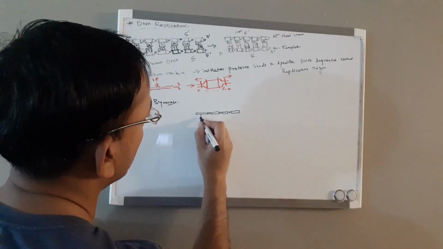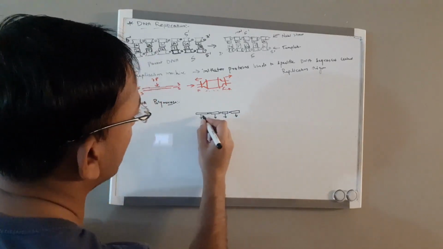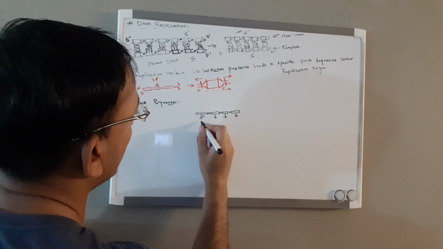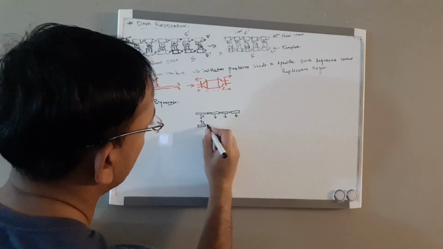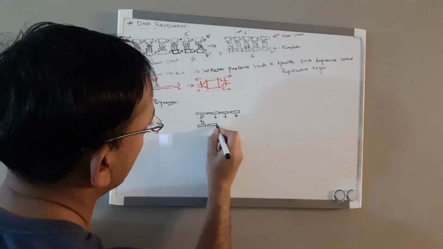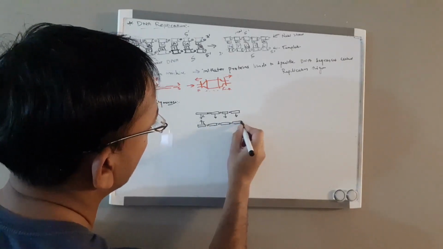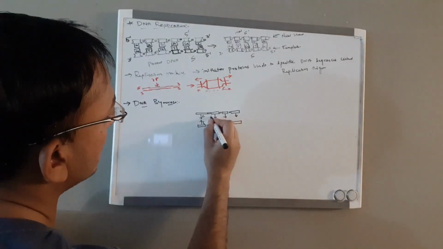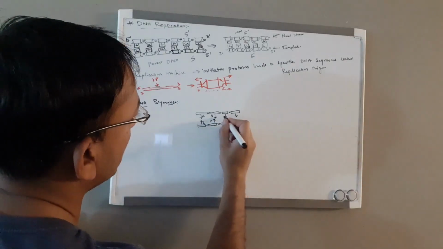For example, this is C and here we have G. These are our bases, and I'm just putting an arrow to it.